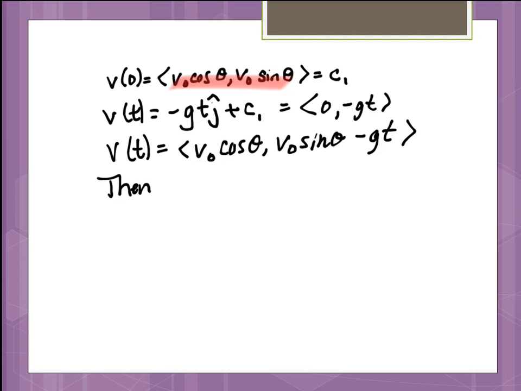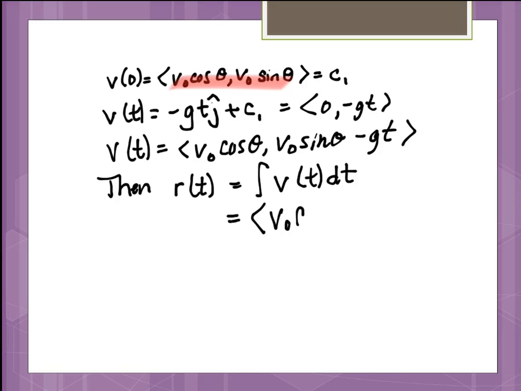Then if we're dealing with position, the position vector, which we've been calling r of t, would be the integral of this velocity vector. So we're going to integrate here. The first component doesn't have a t in it at all, so we can write that simply as v0 cosine theta t.